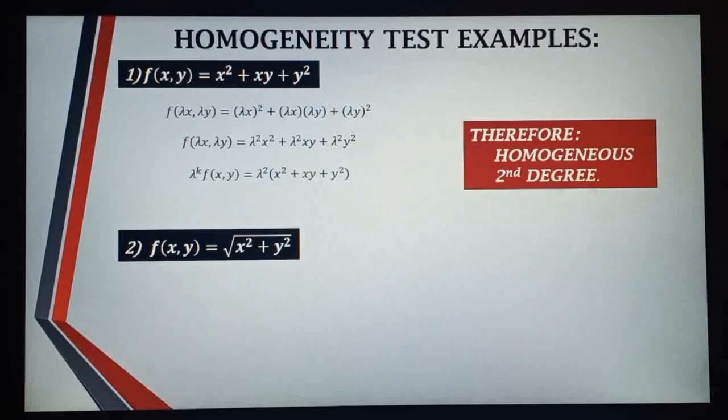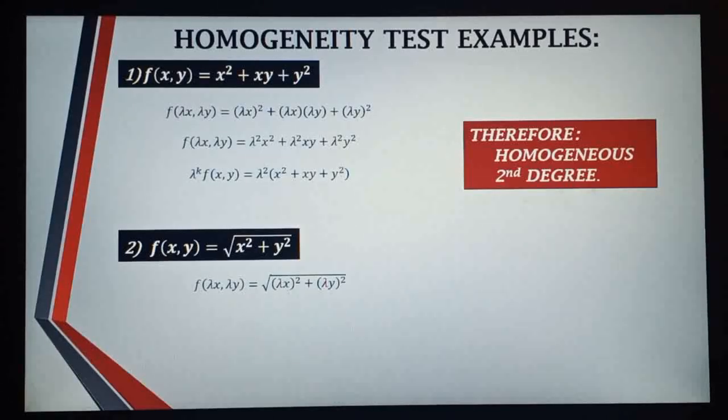Another example is a function of x and y equal to the square root of x squared plus y squared. We replace x with lambda x, then y with lambda y. So that will be the square root of lambda x squared plus lambda y squared.